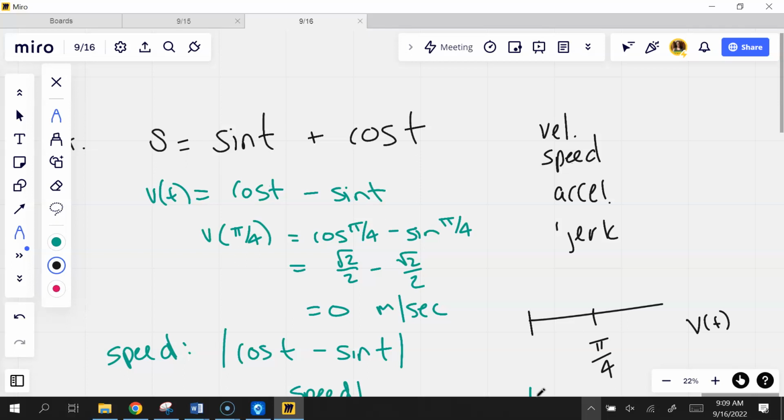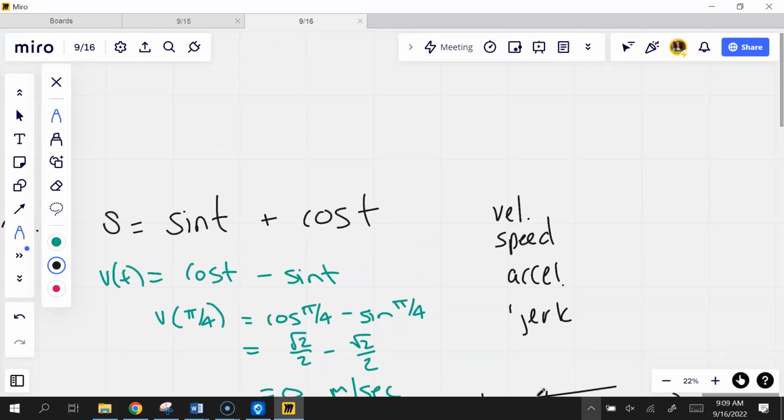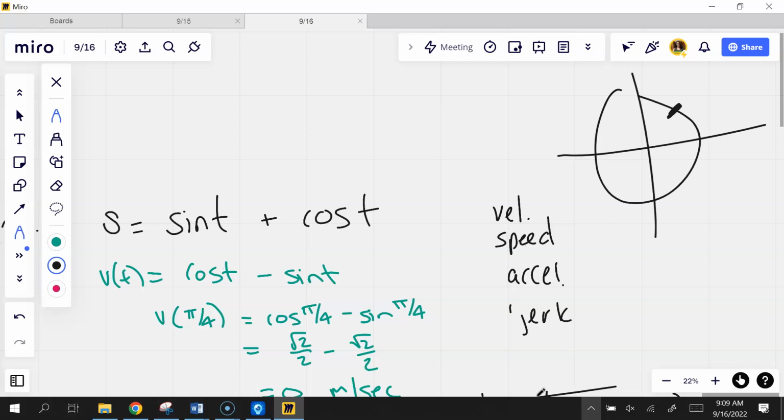In other words, if I plug in something, no, think about what I'm doing. I'm subtracting cosine from sine. So I'm taking the x value and subtracting the y value. Now think about where I am on the unit circle. From here to here, what's always bigger, x or y?